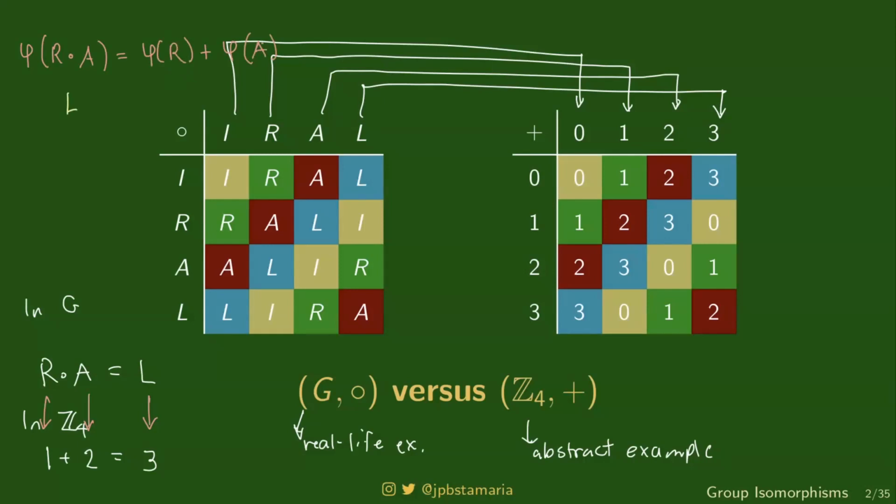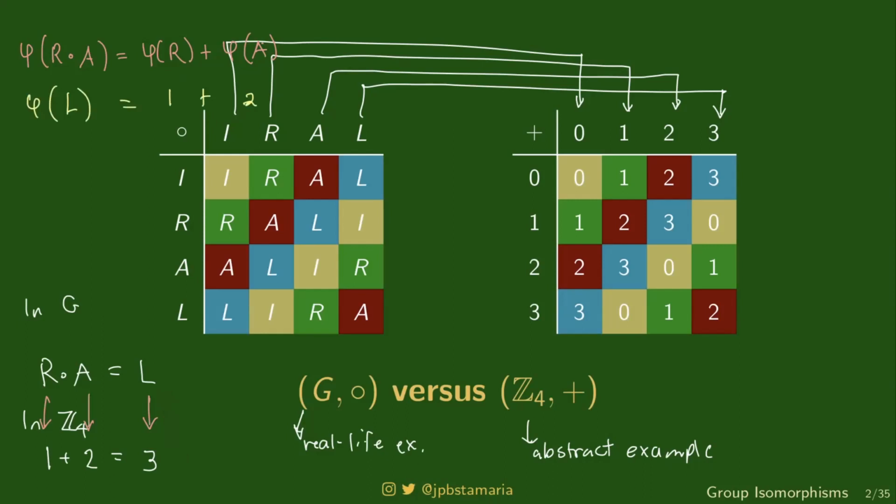Ito yung phi of R is 1 and phi of A must be 2. So, dapat yung phi of L must equal 1 plus 2. In this case, that's 3.